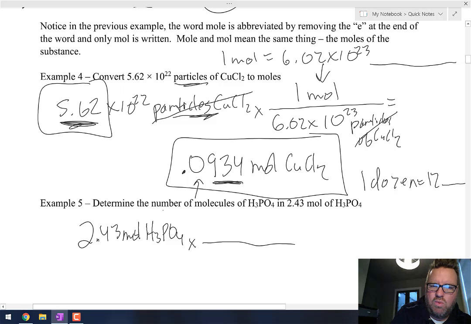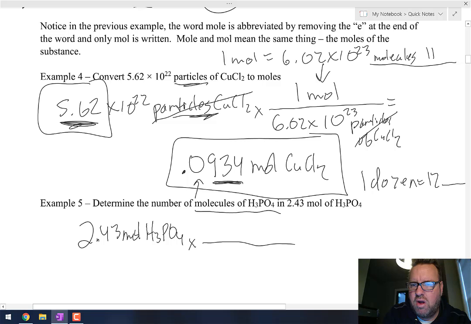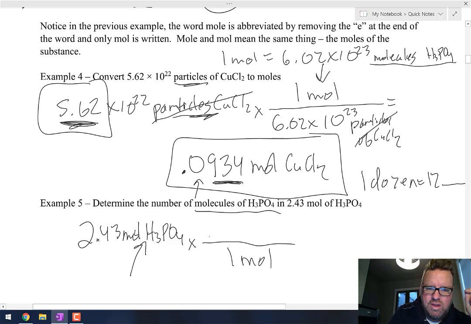In this case, they want molecules of H3PO4. So we know that 1 mole is going to equal 6.02 times 10 to the 23rd molecules of H3PO4. Okay, so if I have moles of H3PO4 on the top, that's what has to go on the bottom. So I'm going to put 1 mole on the bottom, and that's going to equal 6.02 times 10 to the 23rd.